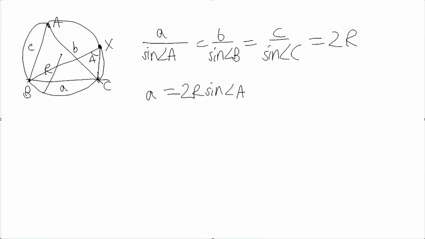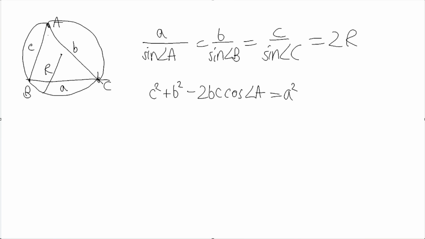But how do we relate the sides of the triangle to the cosines of the angle? Well, here's how. It turns out that if we look at specifically angle A, we have that c squared plus b squared minus 2bc cosine angle A is equal to a squared.